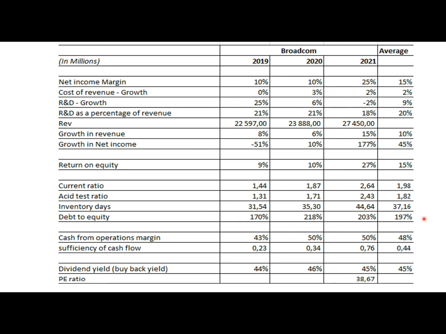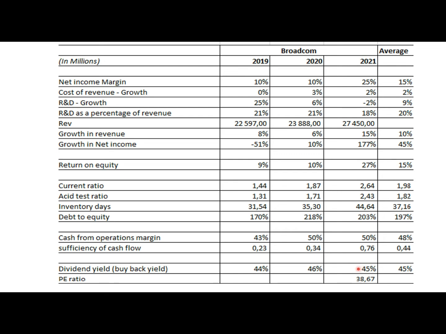I'm not against debt, but that's just too high, and you can see the effect of high debt on the sufficiency of cash flow, because you could end up running into trouble, where you're investing way too much in repaying debt and withholding not that much to pay shareholders.